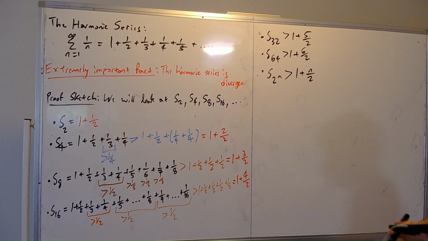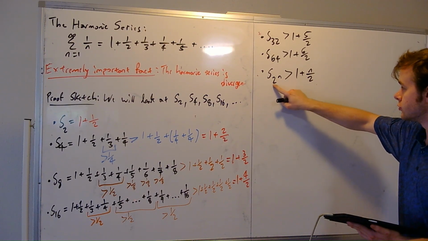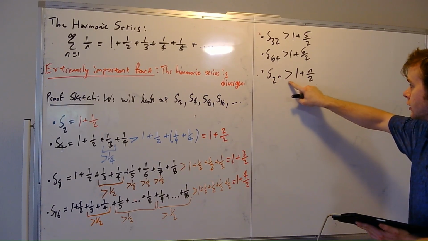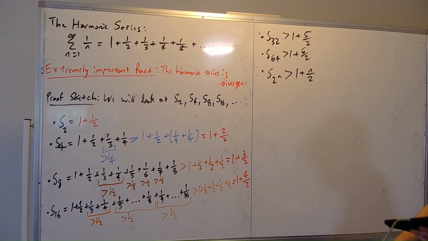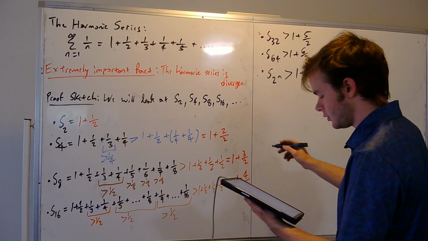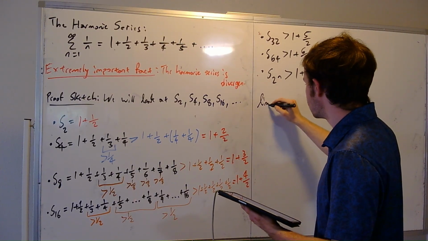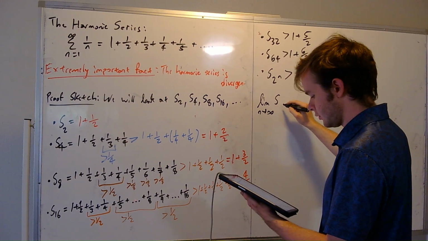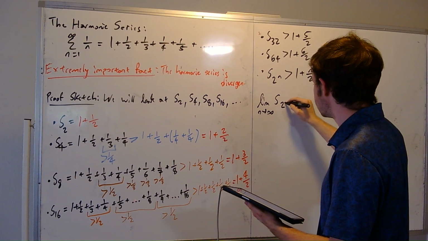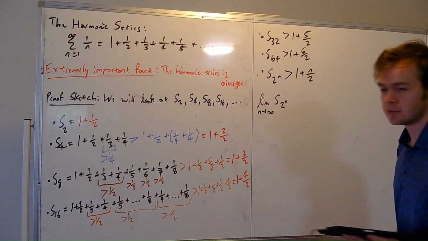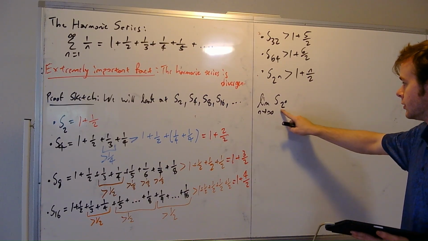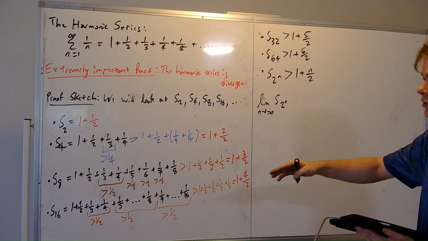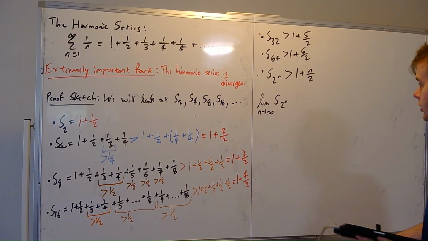Okay, so if we add together the first 2 to the n terms, we're going to get a number that's bigger than this. So now we want to take the limit as n goes to infinity of S2 to the power of n, right? This is just saying we're taking the limit as we eventually add together all of the infinitely many terms.